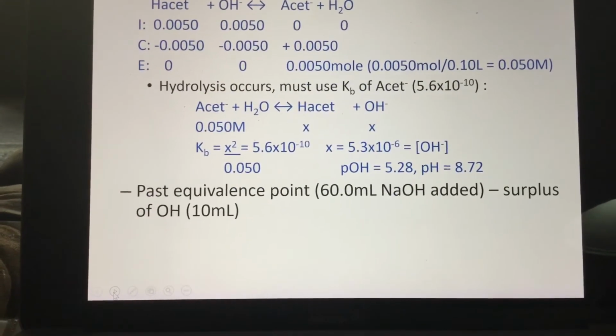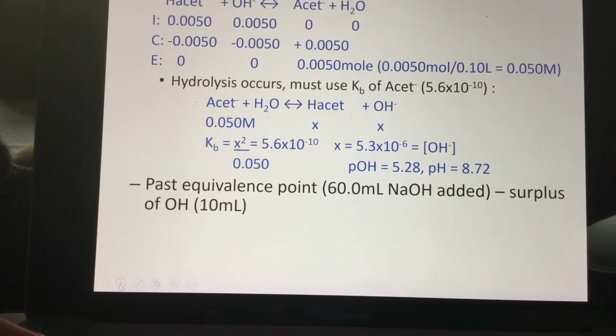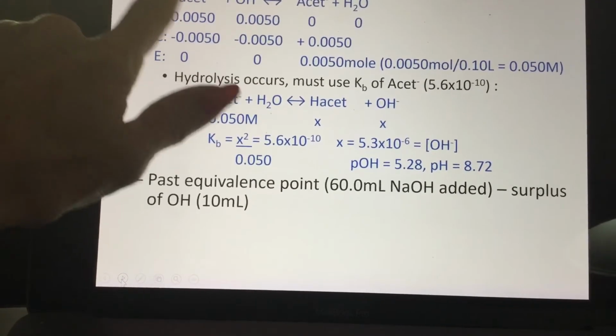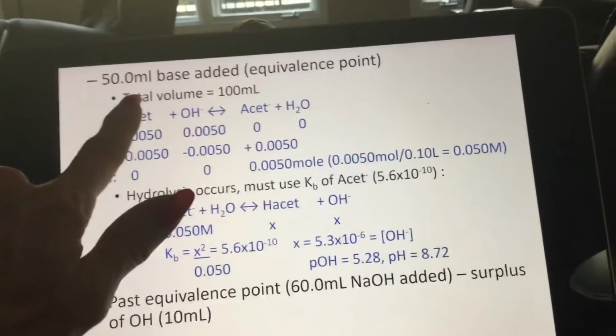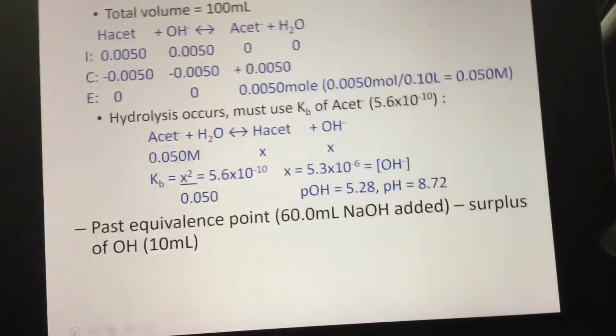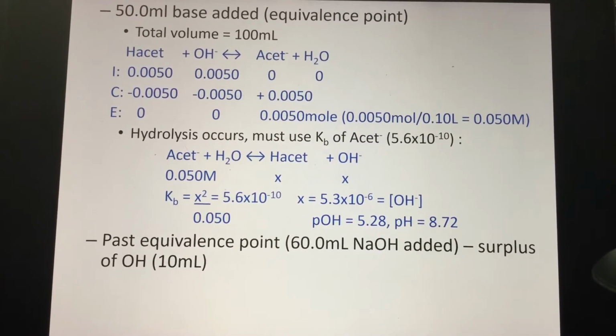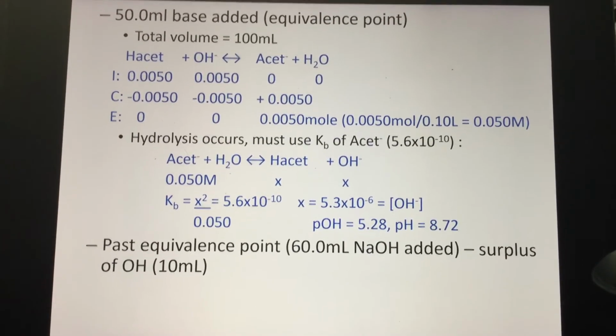And then once we get past that equivalence point, any extra sodium hydroxide beyond the 50 milliliters, so in this case 50 milliliters was our equivalence, our equal amount of base. So anything past 50 milliliters of base, all we're doing is adding extra hydroxide ion.